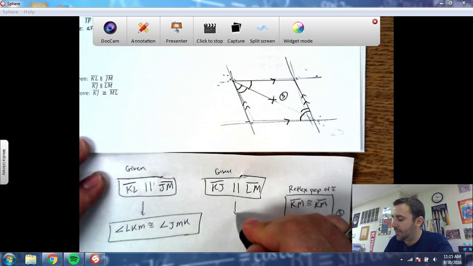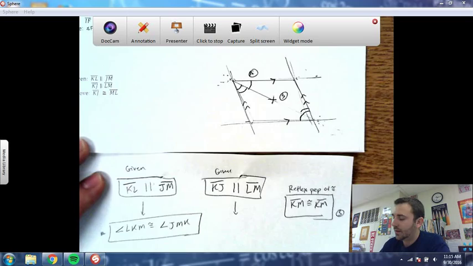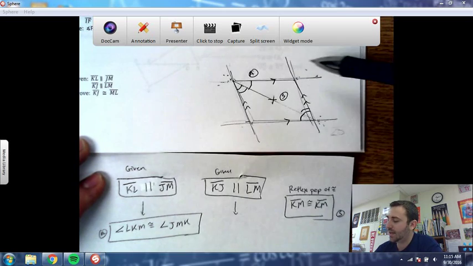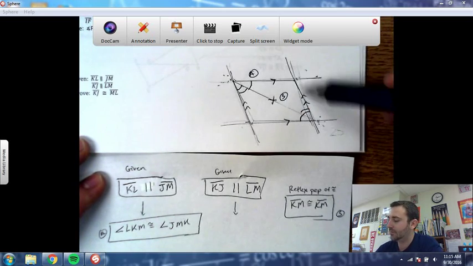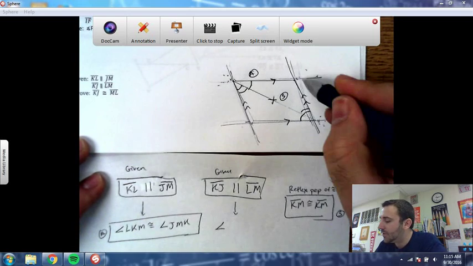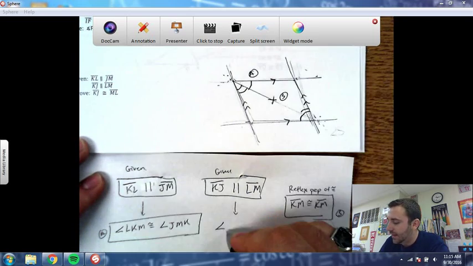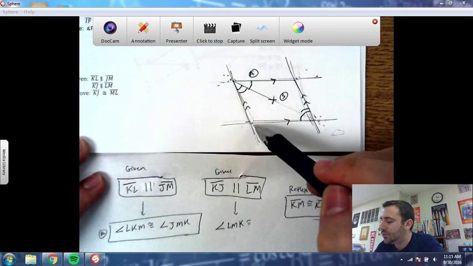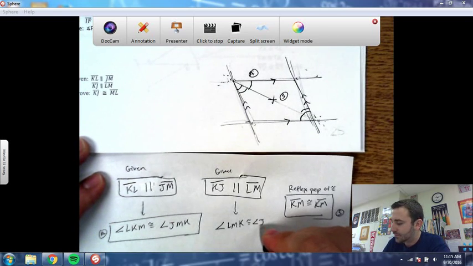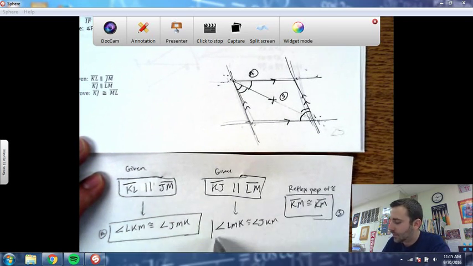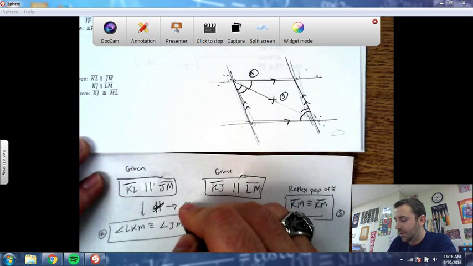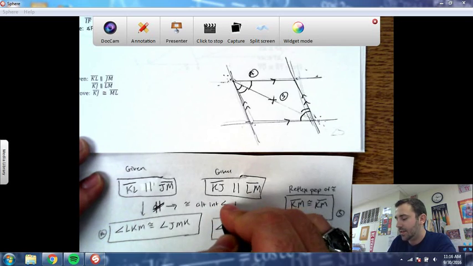And then we said that based on the KJ and LM parallel pair here, that the angle LMK is congruent to angle JKM. And both of the reasoning is because parallel lines cut by a transversal give me congruent, alternate, interior angles.